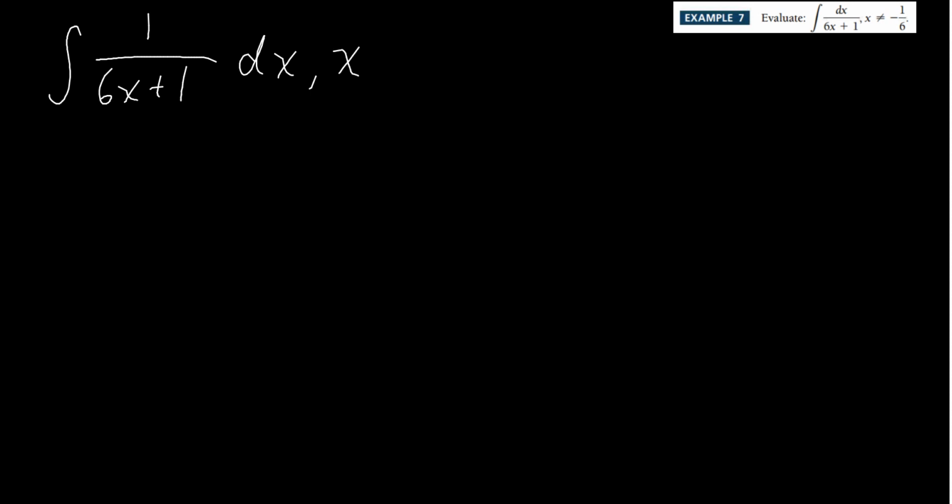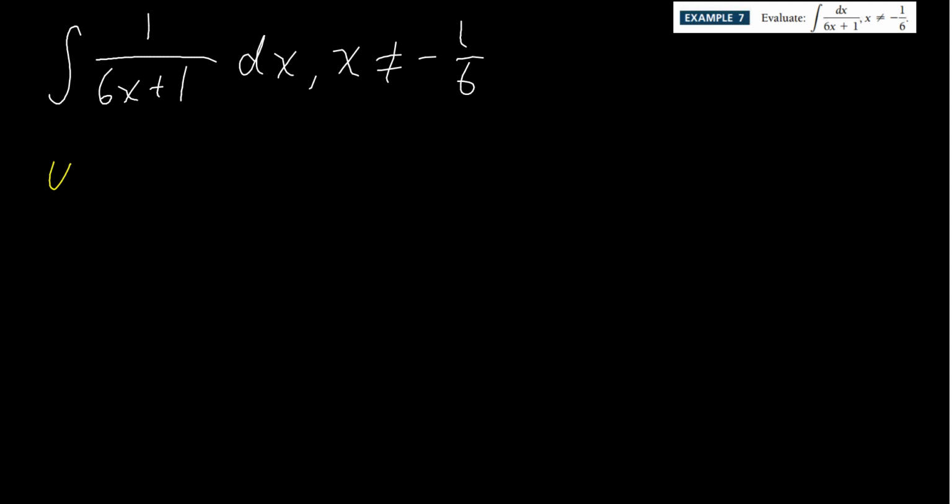So x is not equal to negative 1/6. And again, it has something to do with the problem. It's just a formality, a rigorous definition saying we know that x cannot be equal to negative 1/6. Otherwise, this entire problem is dead on arrival, right? Because it's undefined.